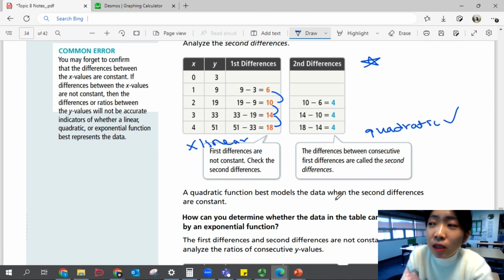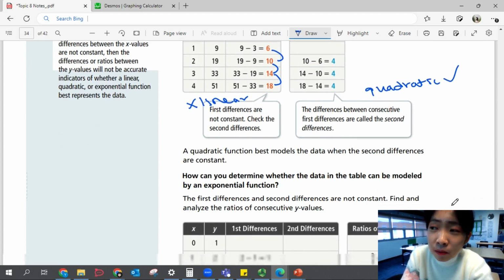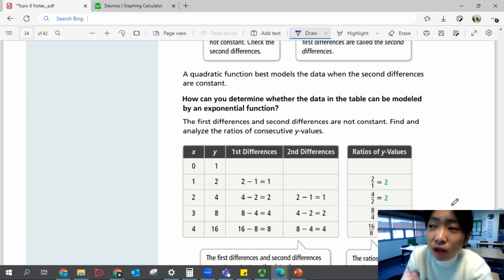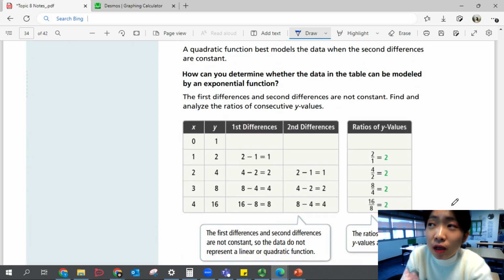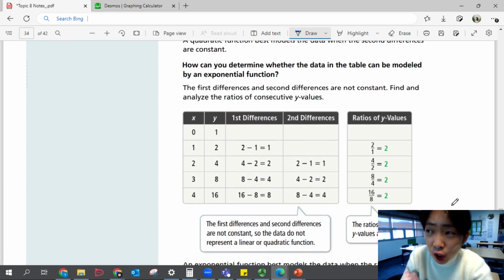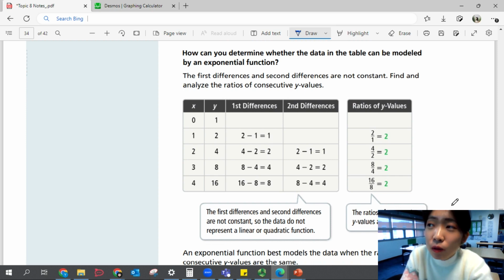Now, how can you determine whether the data in the table can be modeled by an exponential function? How do we know if it would be best for exponential? So now we find the first differences, second differences. Okay, this is another set of data. First differences are not equal. Second differences are not equal either. Now what do we do? Look at the ratios of y values.